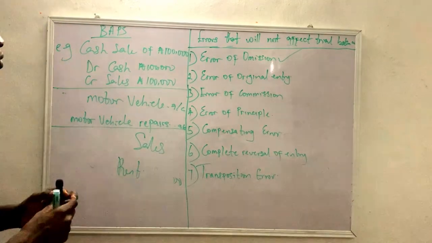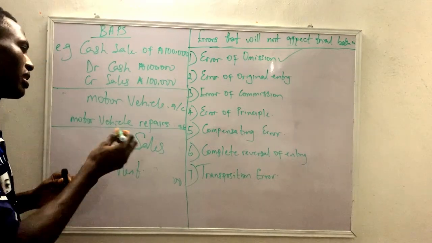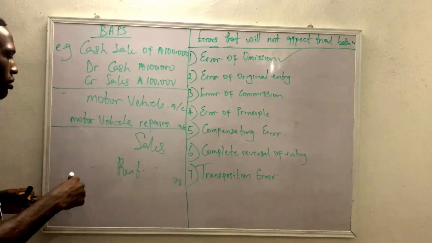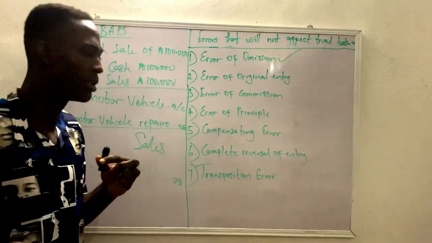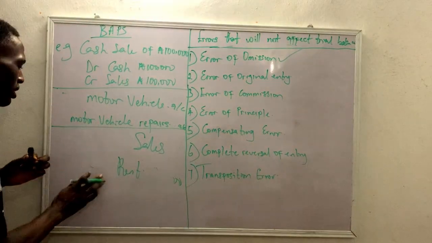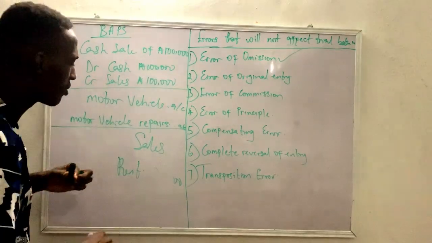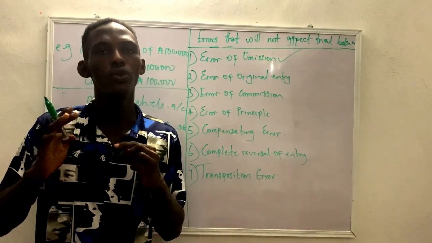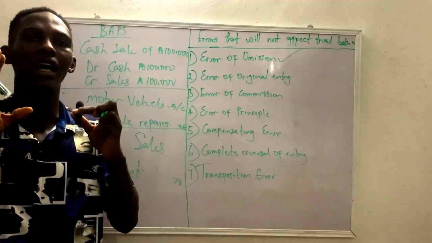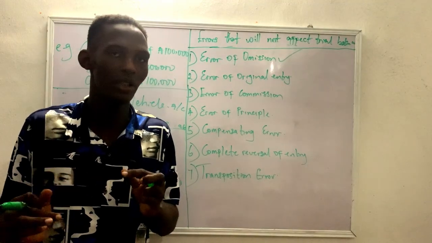So let me give a brief example, or let me even explain this overcast and undercast, because you guys do mix it up a lot. Whenever you see the word undercast, this is what you should do. You should record it in the actual part that it is supposed to be.